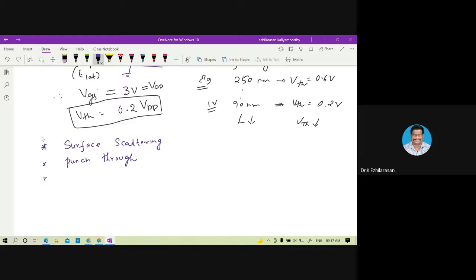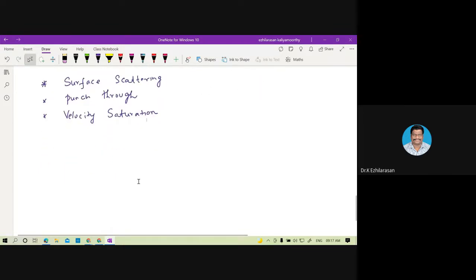Next, velocity saturation. Next is impact ionization. Next is hot electron effects.